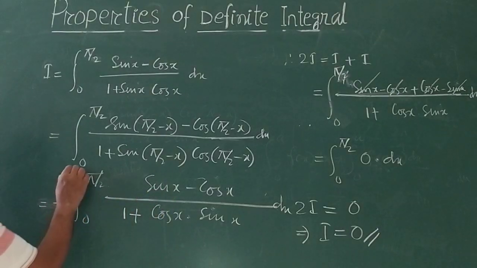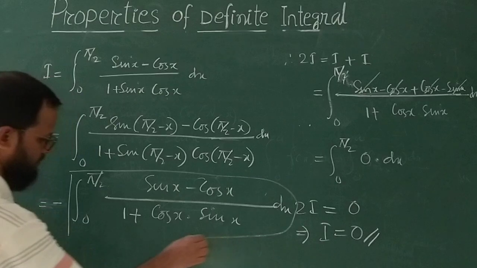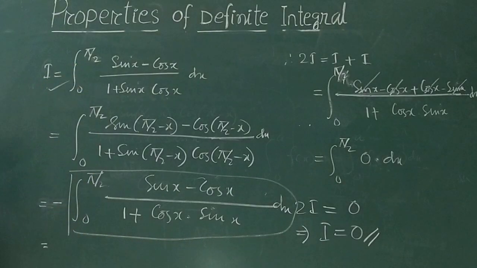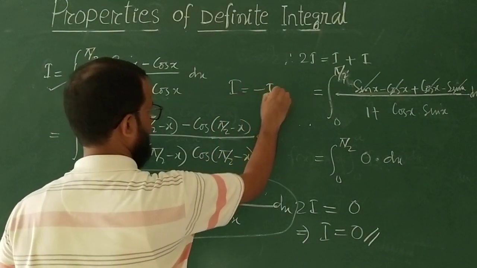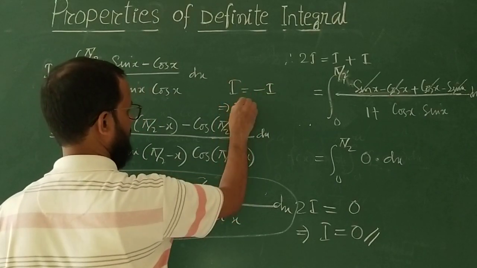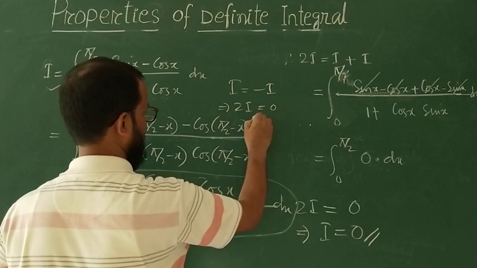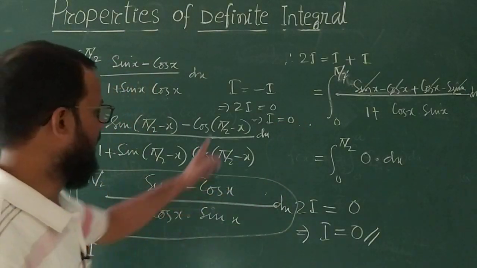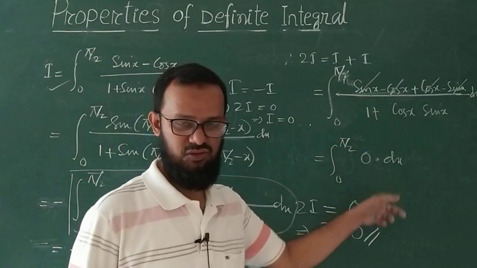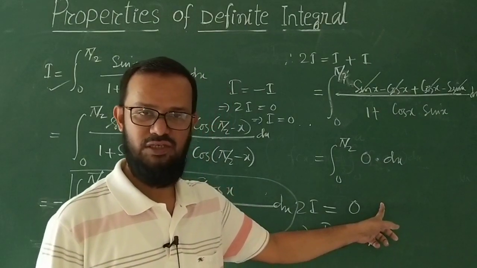After taking minus common, the integral becomes like this. This integral is I. Understood. So you can write it as equal to minus I. So finally, I equal to minus I, so twice I equal to 0, and finally I equal to 0. So you can go with this method also, you can go with that method also. Whichever method you find suitable, you follow.